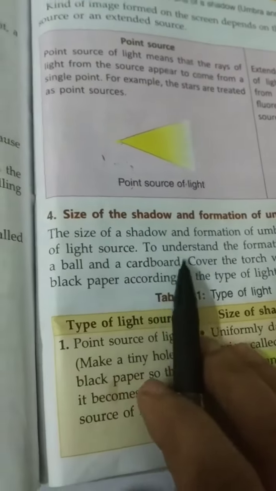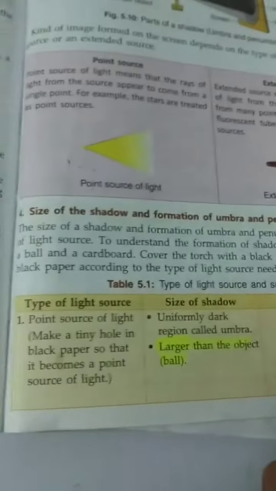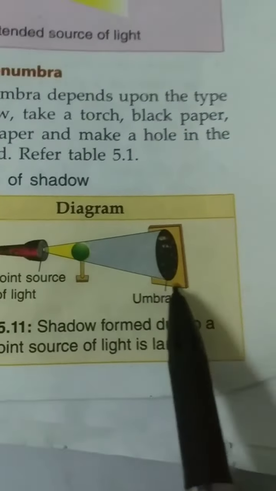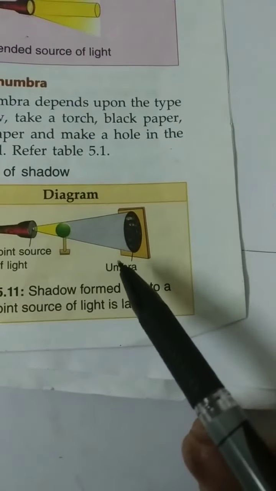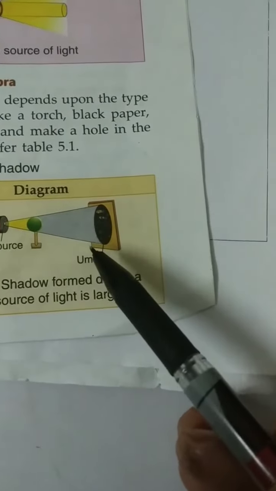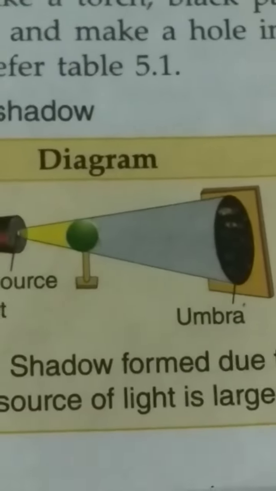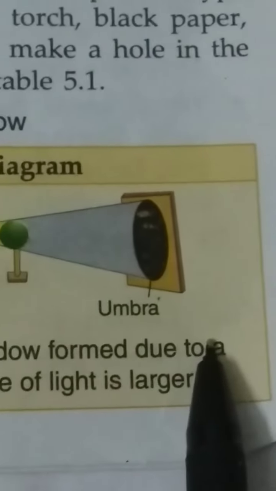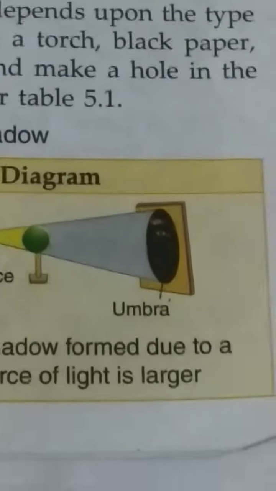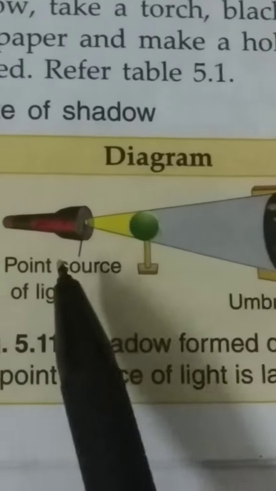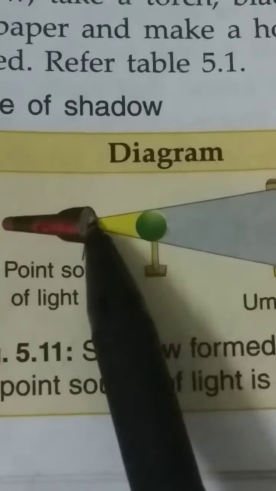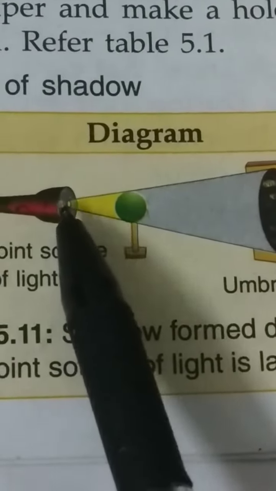Size of shadow and formation of umbra and penumbra. Now we will discuss some points related to type of light source and size of shadow. We have taken a torch and covered the front part of the torch with black paper and made a hole.